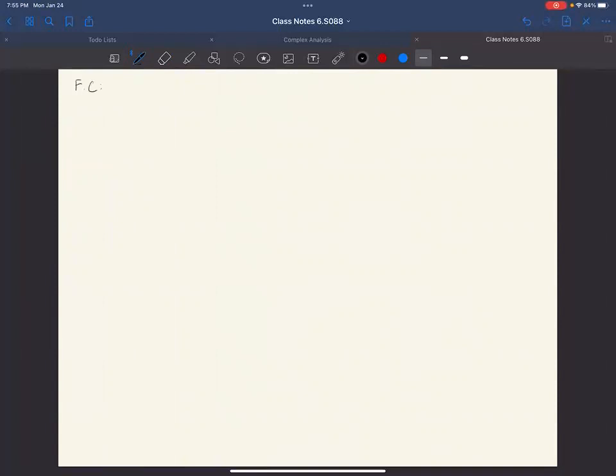But for what I'll call a fully connected convolutional network, visually we have an image X coming in. We'll apply our convolutional layer and get these K representations.